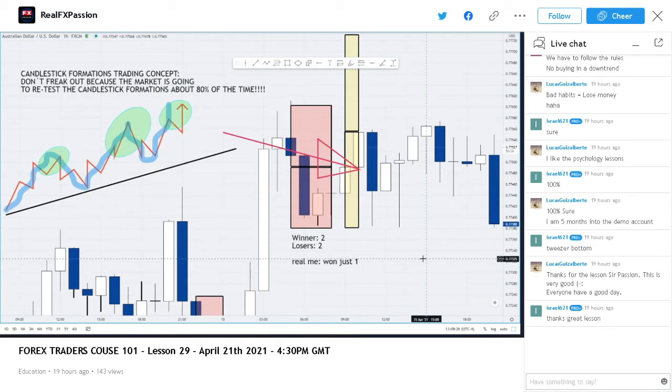Almost hit the stop. The market is 5 pips away. Do you want to get out of the market? Same question, Israel and Arman, Lucas, and everybody else who is online. Do you want to stay in the market or get out? Wait for stop loss.